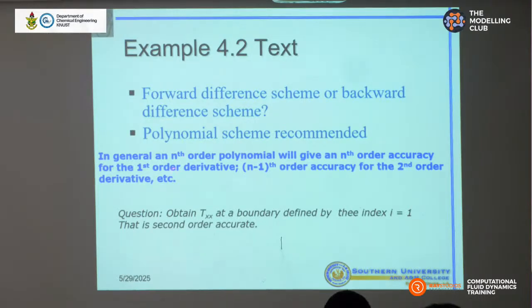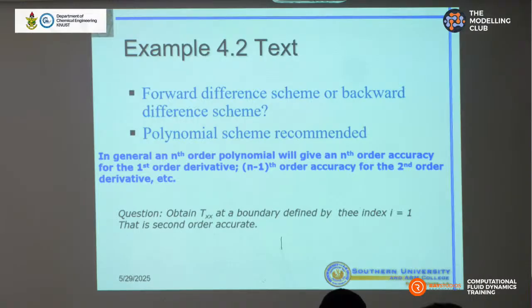But just to say that the forward differencing scheme or the backward differencing scheme are desired for the boundary conditions depending on the problem, whether you have a fixed temperature or a fixed no-slip condition at the boundary, and so on.